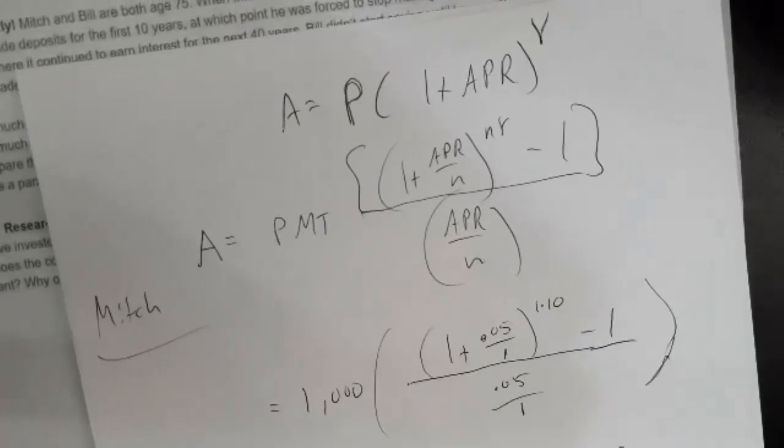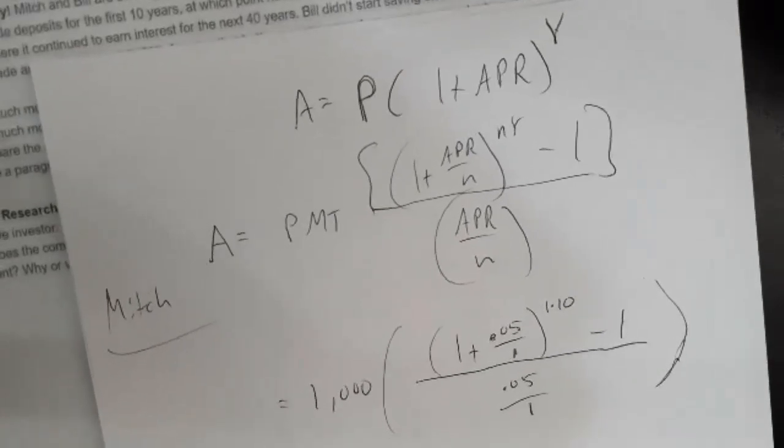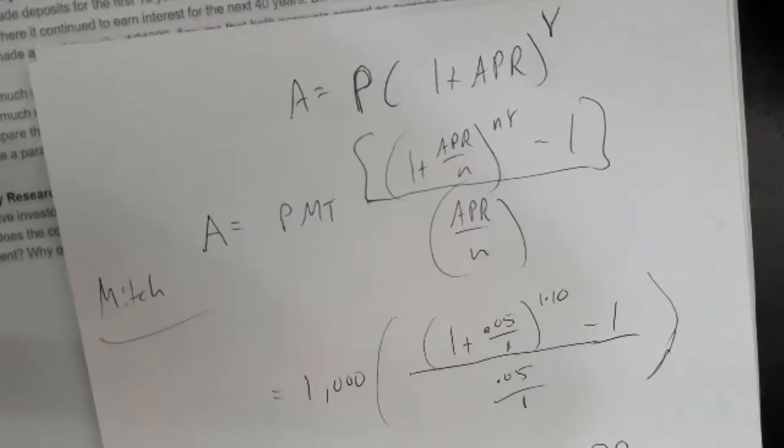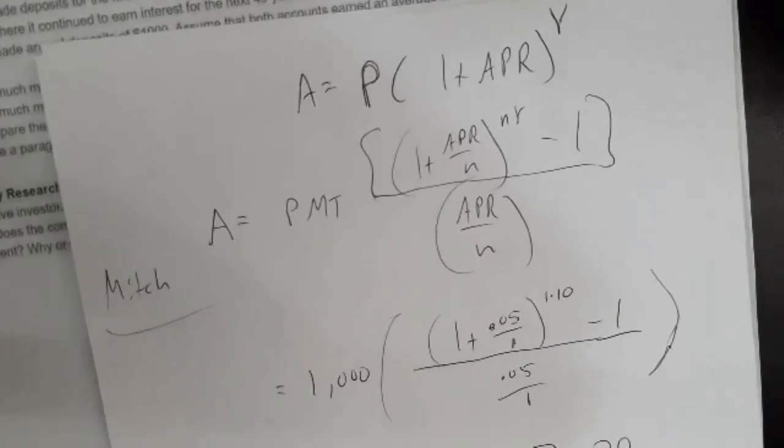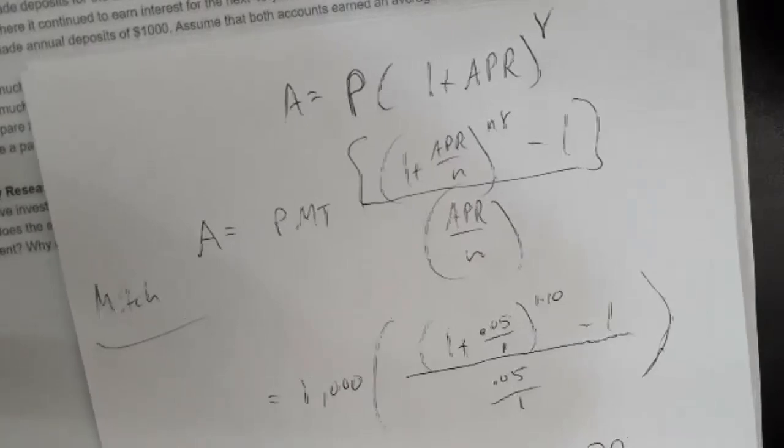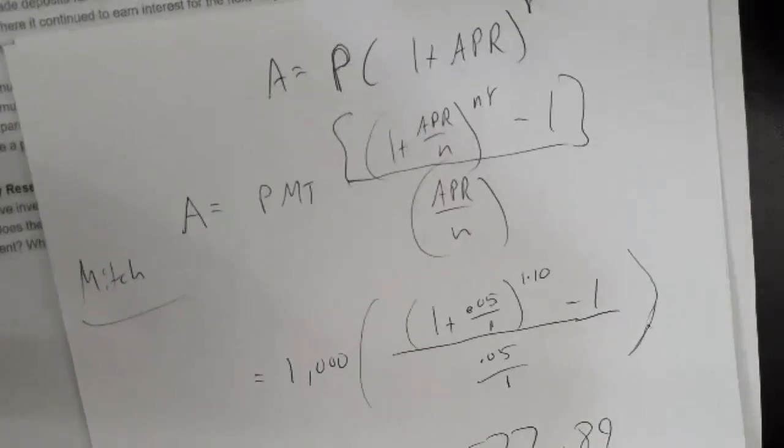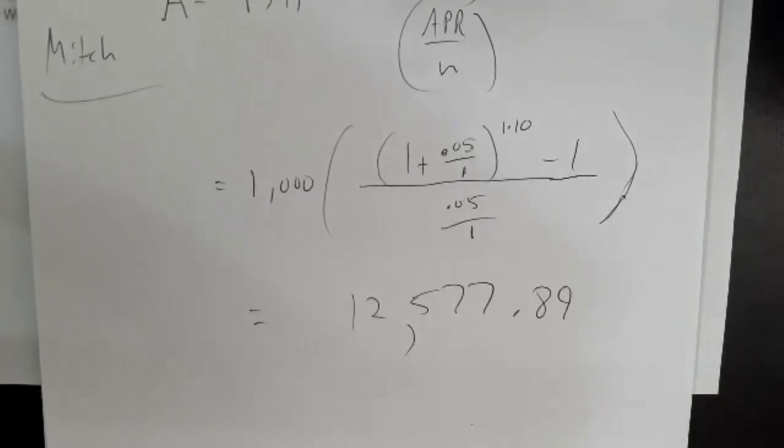He's 25. He's going to make deposits for 10 years, at which point he stops. Probably left his money in the account for 40 more years. So he's got this money in his account, and now he's doing the Rip Van Winkle thing where he just falls asleep for 40 years on this amount.